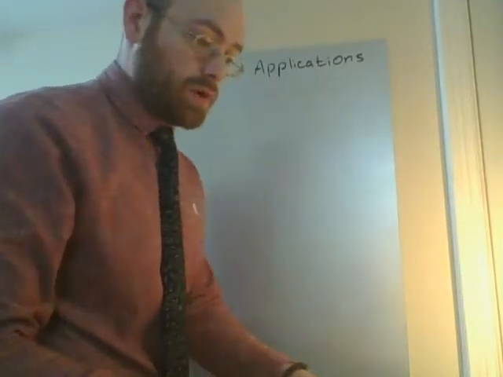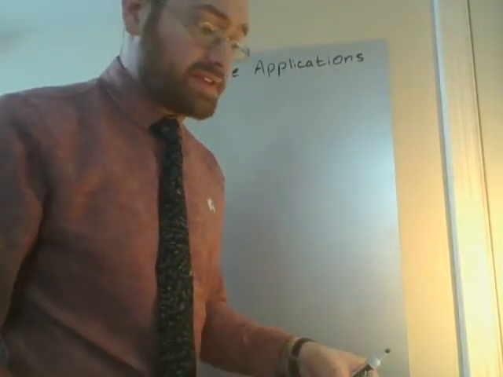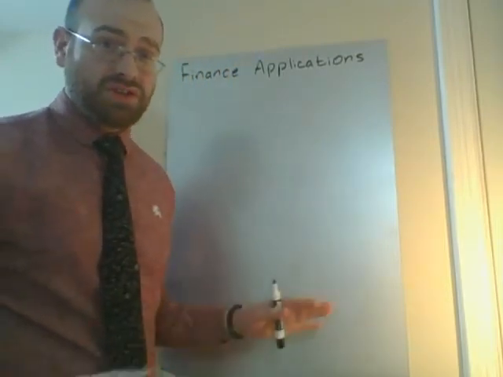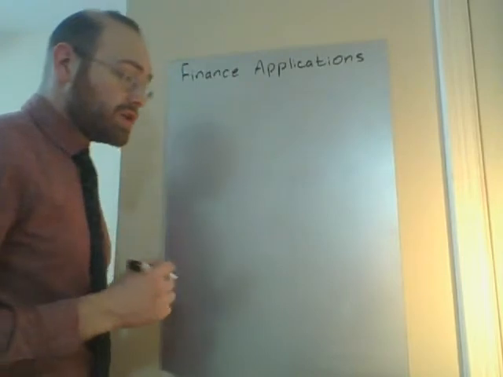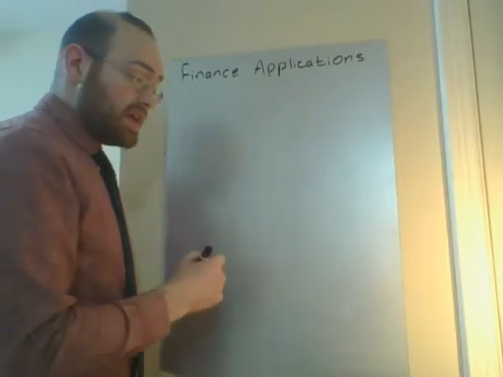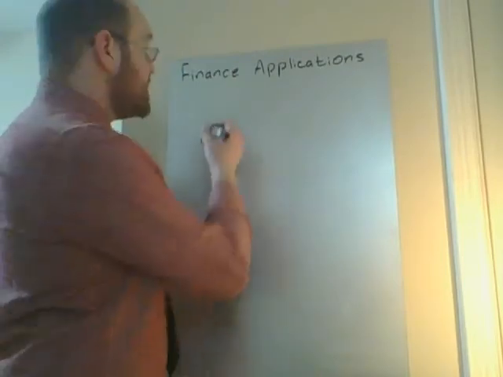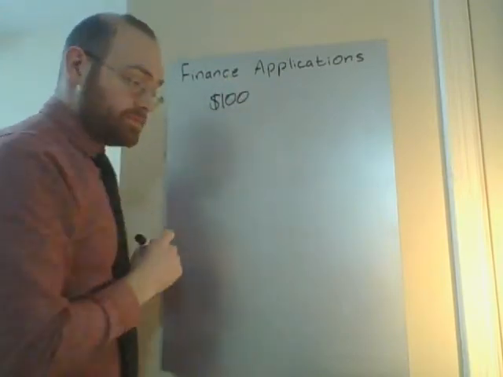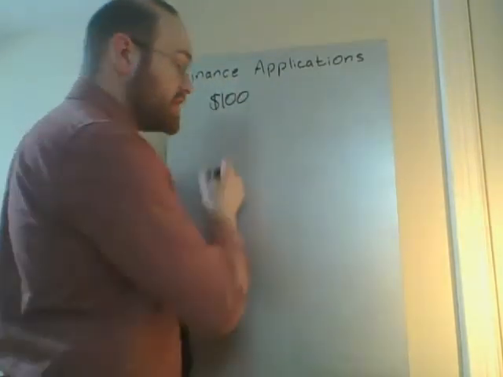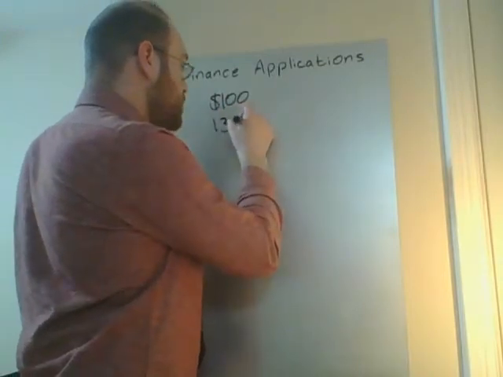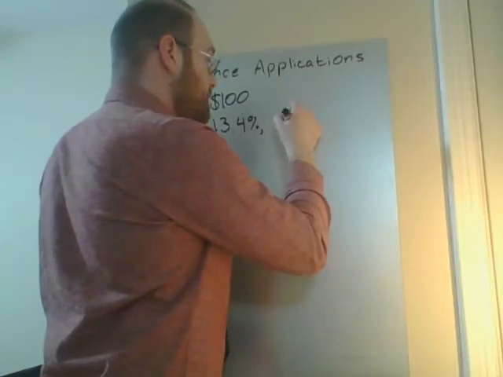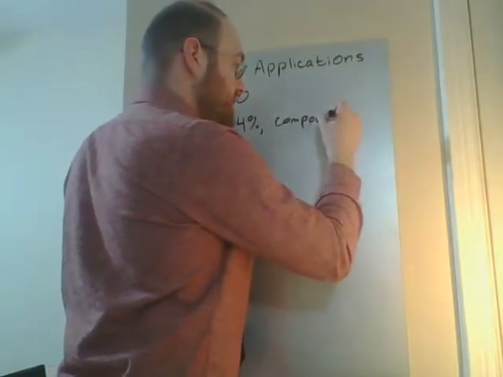All right, so I have notes off to the side because I didn't want to have to plug things into my calculator while filming. It just wastes time. So we are going to consider an example. A student is investing $100 in an account that has a 13.4% interest rate, and it's compounded monthly.